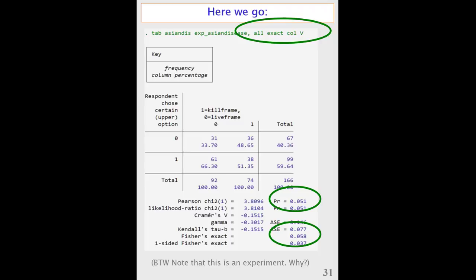I do have an idea here. I chose the columns because in the columns you see what people chose. I'm looking at whether there is a difference in percentages between condition 1 and condition 2. Here I can see 66% chose 1 in the one condition, and 51% chose 1 in the second condition.